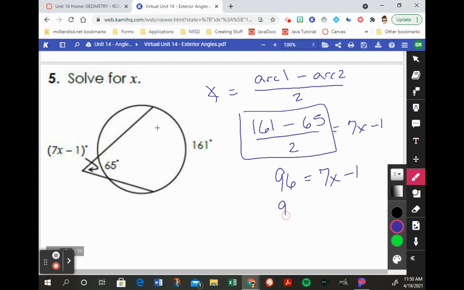That makes 97 equals 7x. So 97 divided by 7 gives me about 13.9. So x is about 13.9.